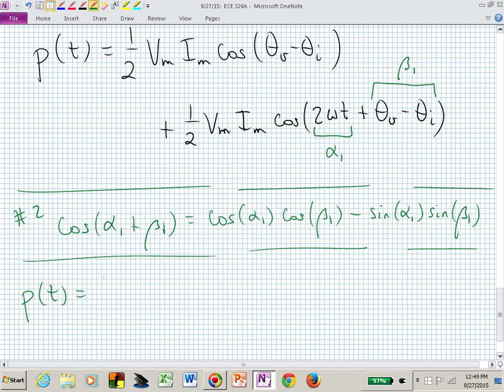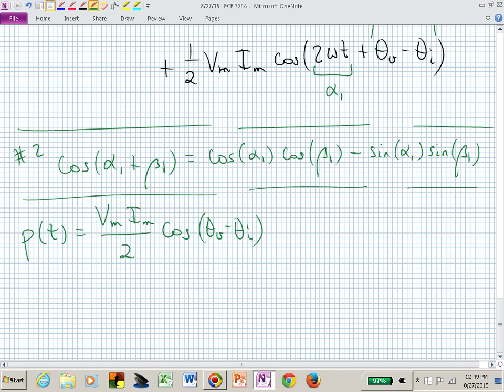The first part remains the same. That's v sub m i sub m over 2 cosine theta sub v minus theta sub i. But now we have plus 1/2 Vm Im cosine, well, let me reverse that just because it'll be a little bit cleaner, theta sub v minus theta sub i cosine 2 omega t.